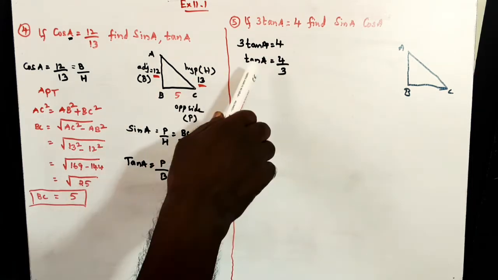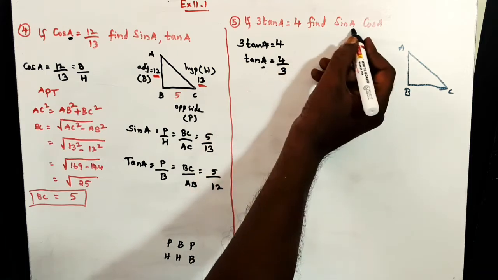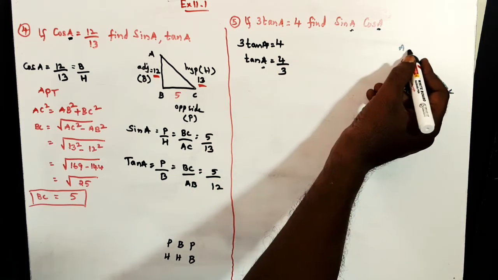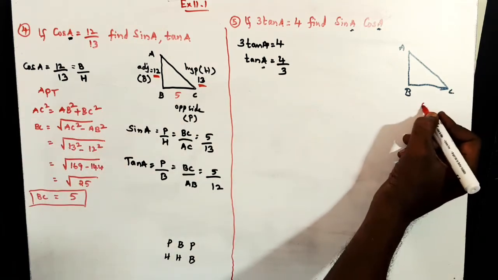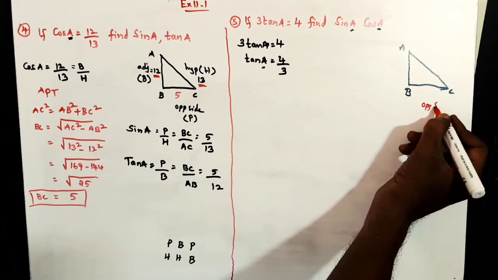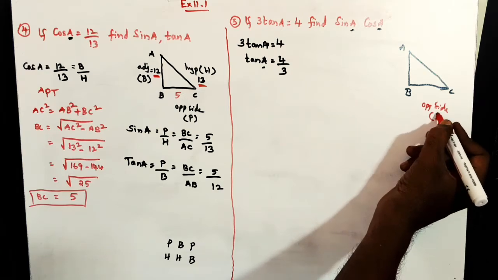Okay, regarding angle A, we have to take A. So this is going to become the opposite side, and that is the perpendicular.